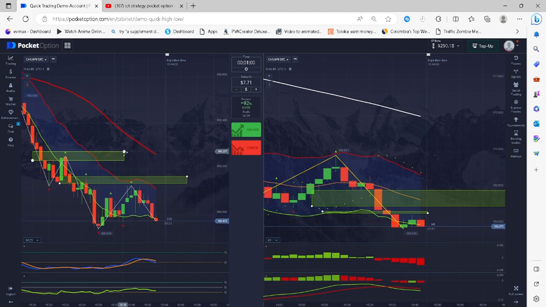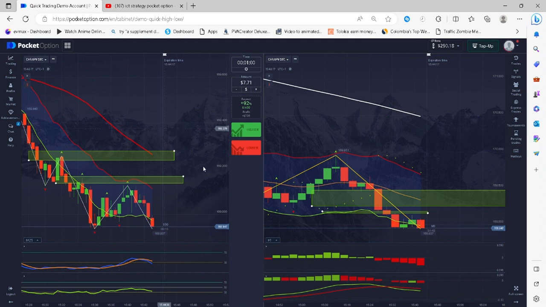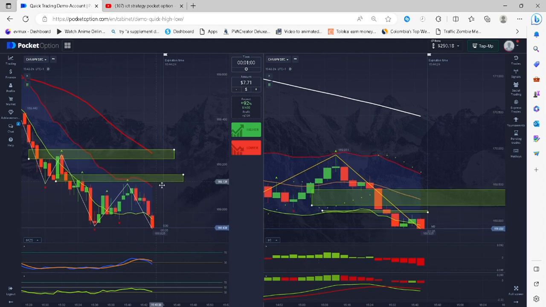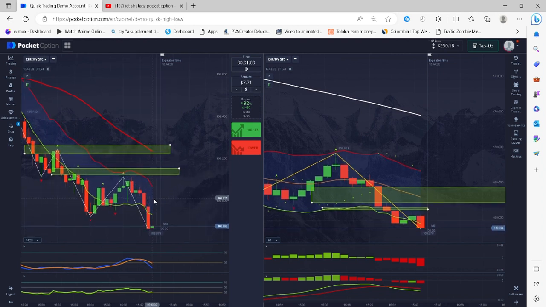At any time the market gets to this point, it will have to go down. I don't care what the indicators are saying, but anytime the market gets to these positions I just marked out, it has to go down. As you can see, it's already tapped here once, I'm not sure it's going to do that again, and it's off to the races.